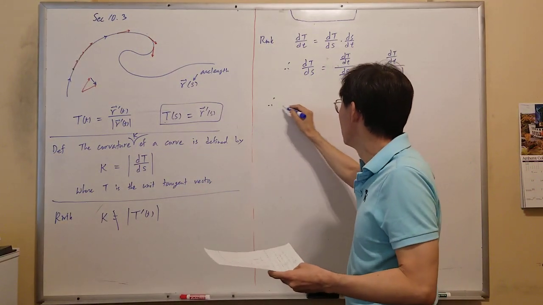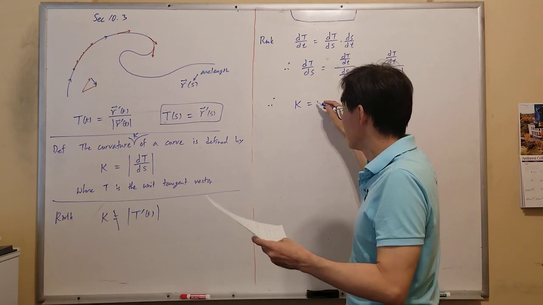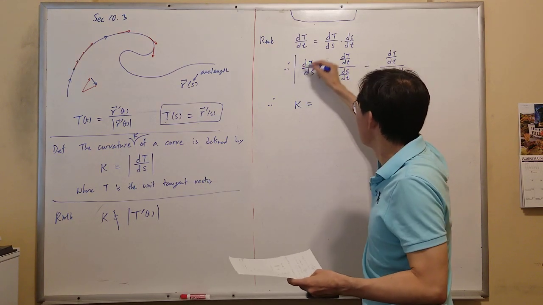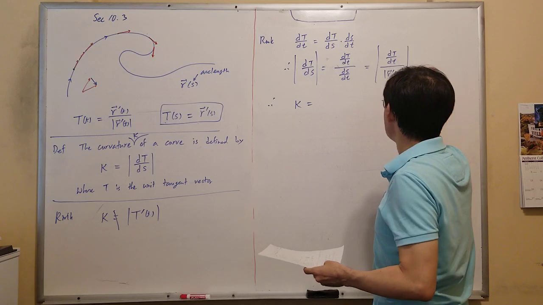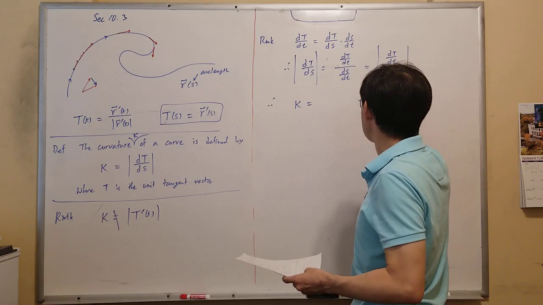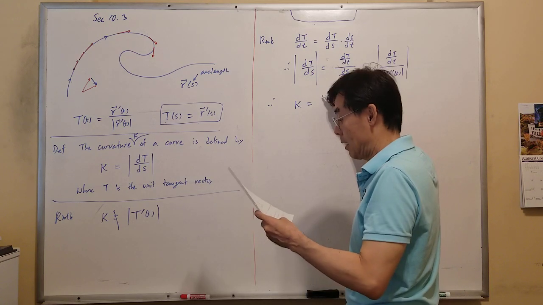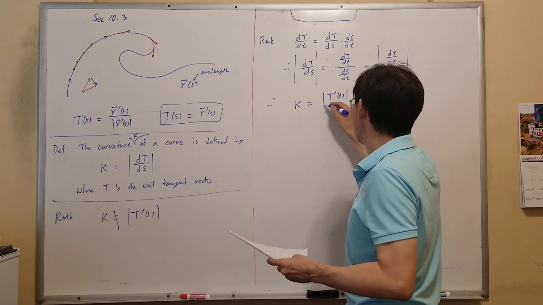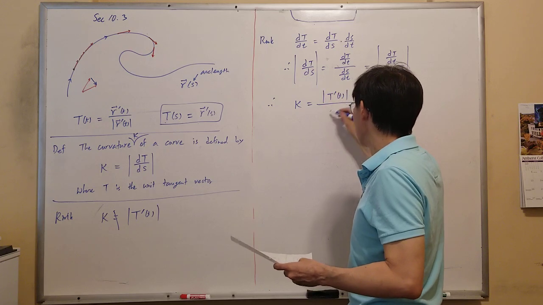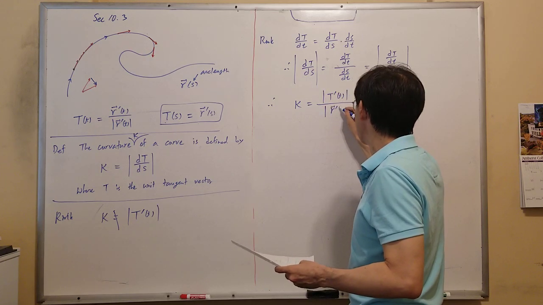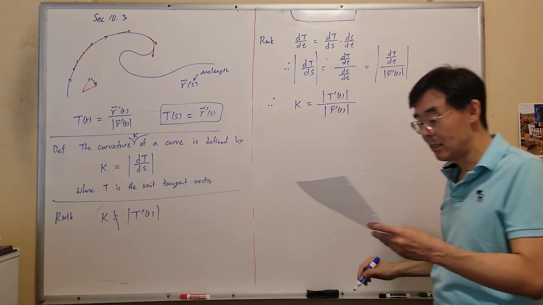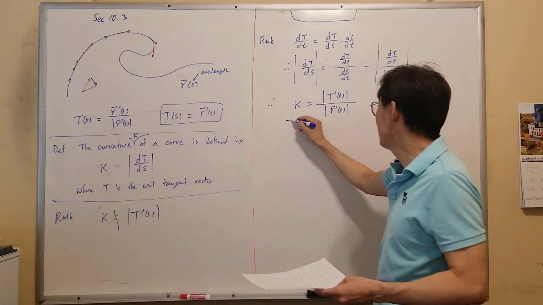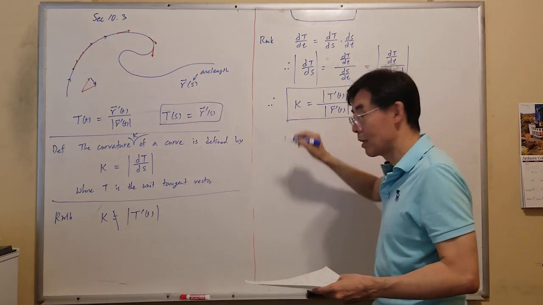Therefore, your kappa is the magnitude of this. The magnitude of the whole thing, the constant multiple can be taken out. So that will be, what is it? The magnitude of the unit tangent vector derivative over r prime of t, the speed. Okay? That would be the first working formula.